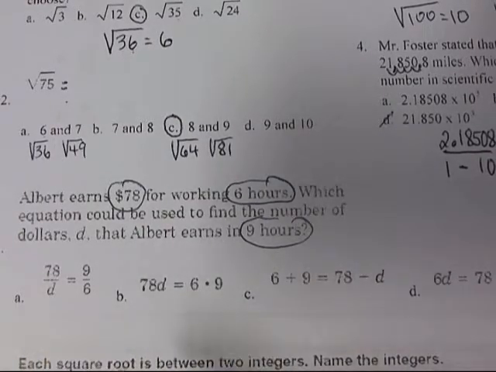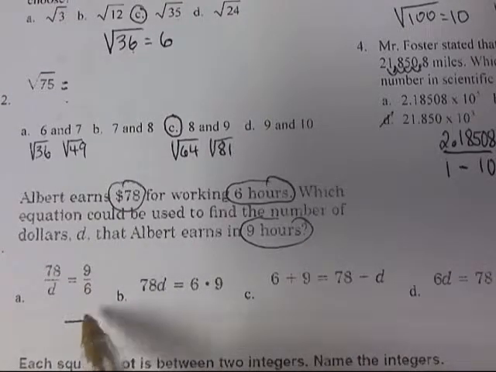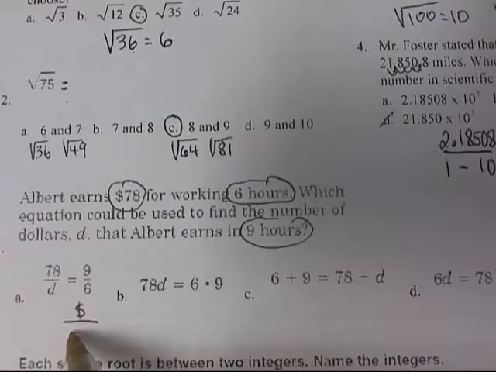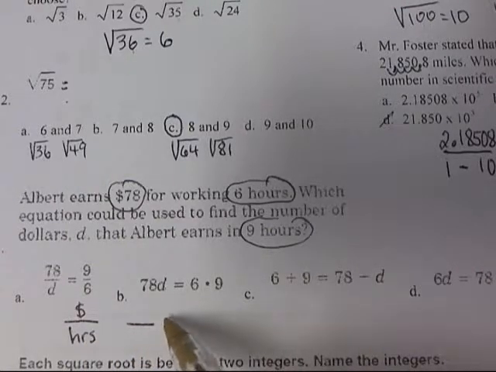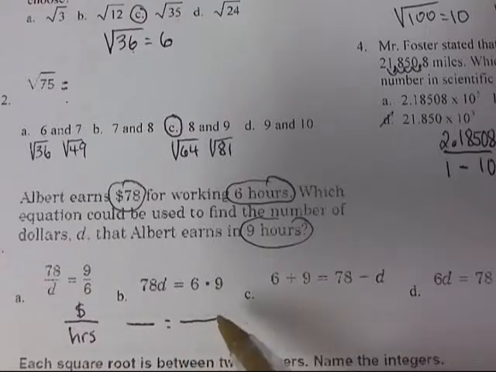We could set up a proportion to solve this, and if we do set up a proportion, if we're going to use money as our numerator and hours as our denominator, we need to make sure that we keep our proportion the same. The units are the same.